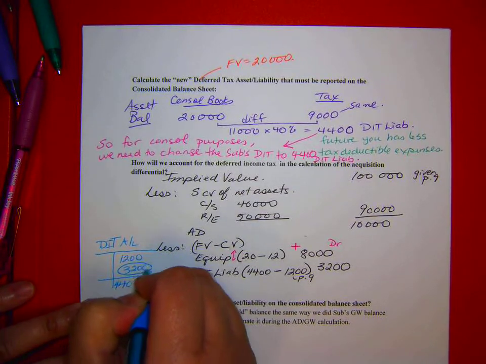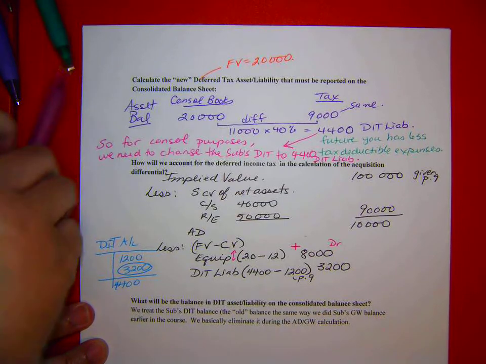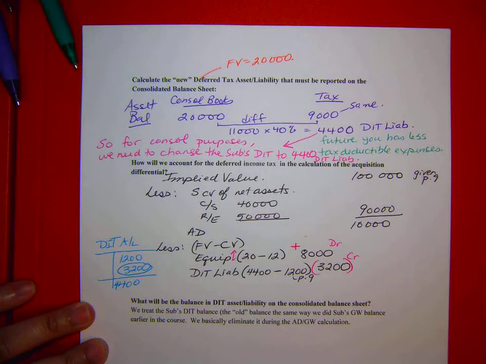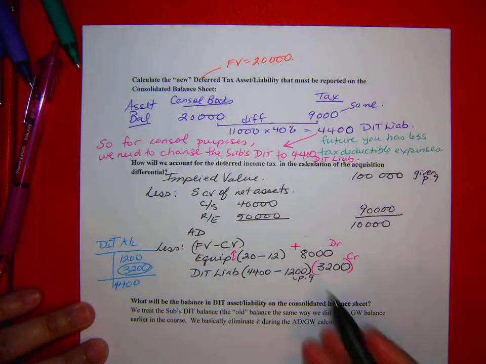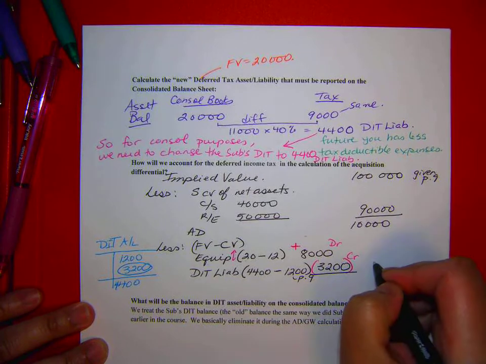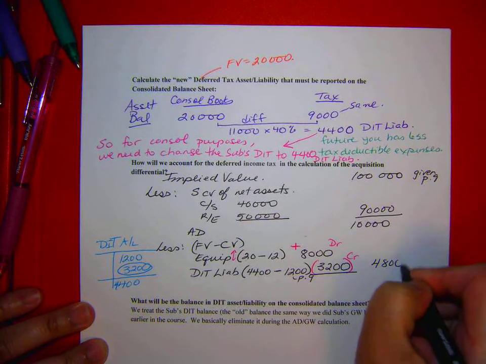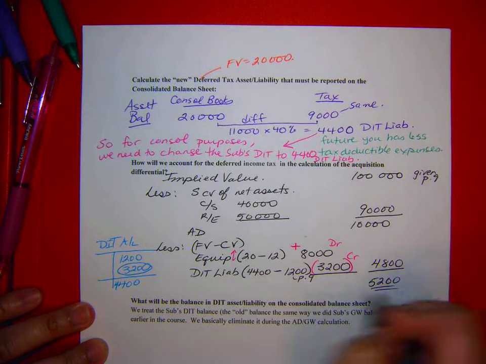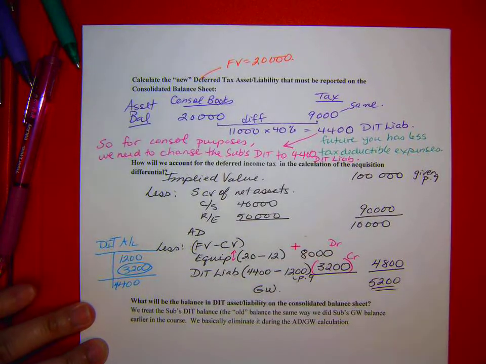And is that a debit or a credit? It's a credit, so it's going to be negative. So that works out to 4,800. You subtract that off, and you get 5,200 for goodwill.